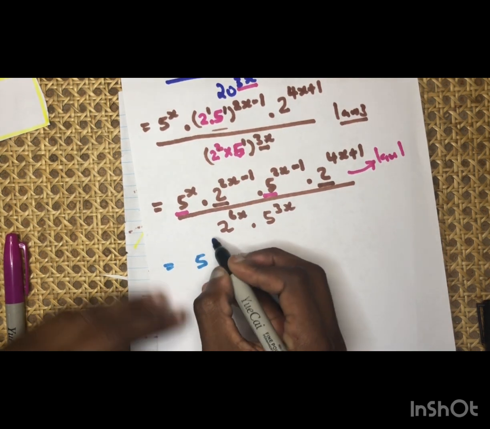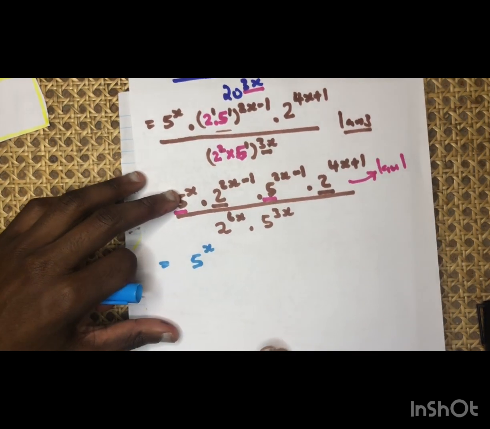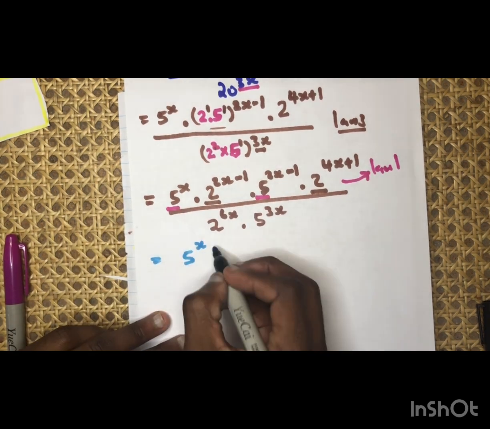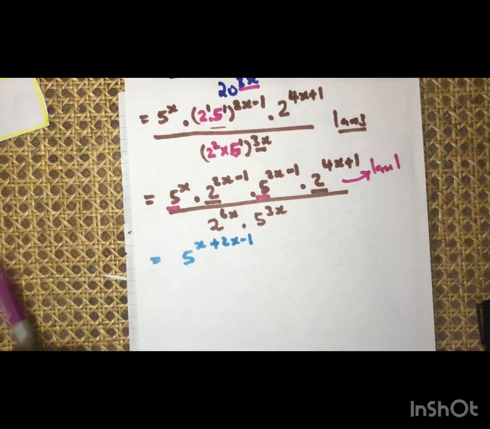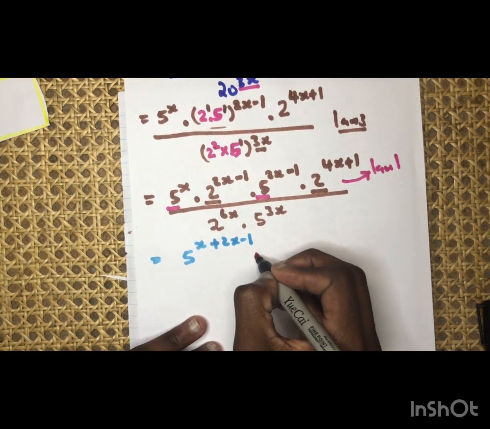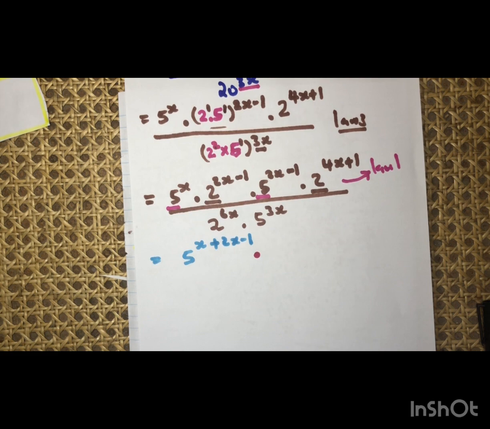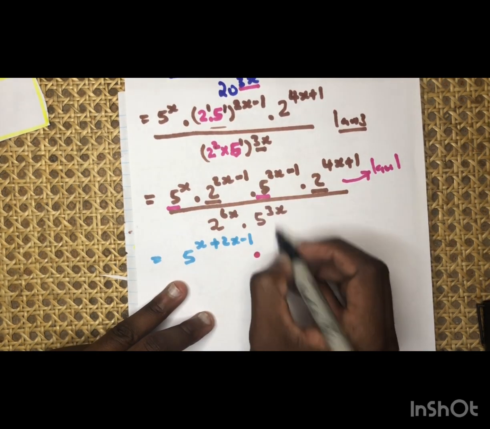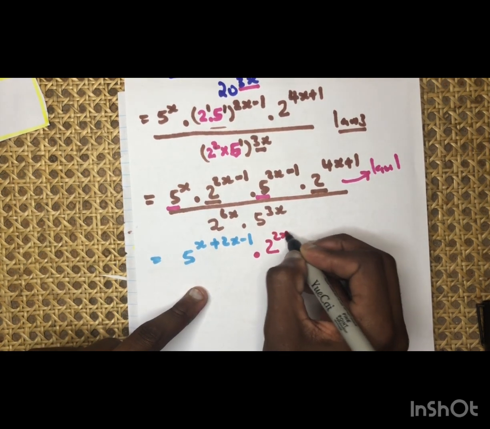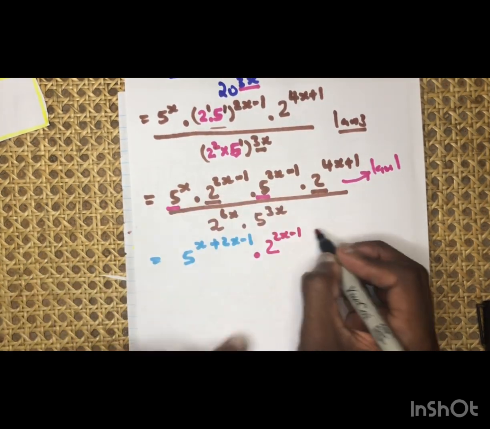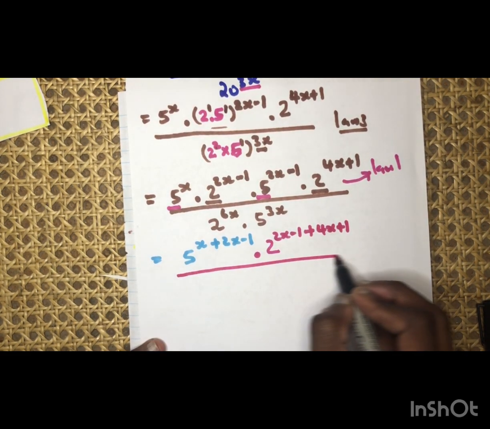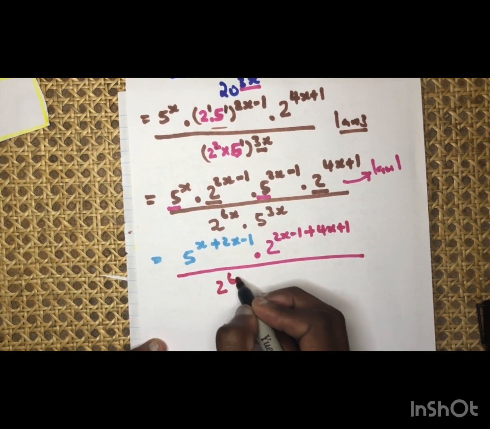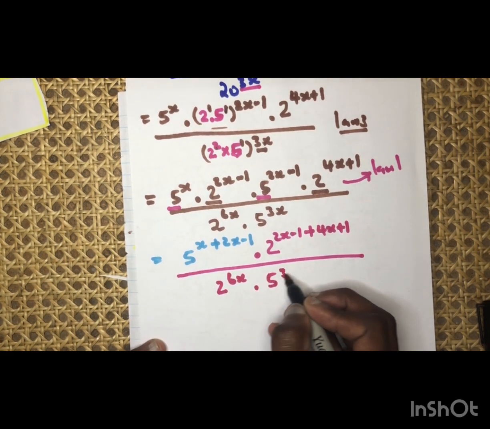So we have 5, then we take this x, and then we have this power, then I say plus 2x minus 1. Yes, I see that you are smiling now, because we are going to get the answer that you got. So here I'm going to take this 2, this is 2x minus 1, then we keep this sign again as it is, over 2 to the power 6x times 5 to 3x.